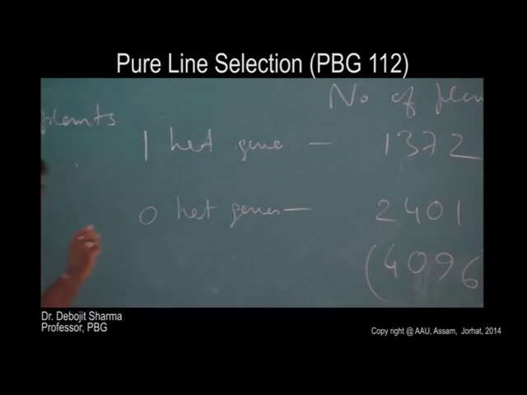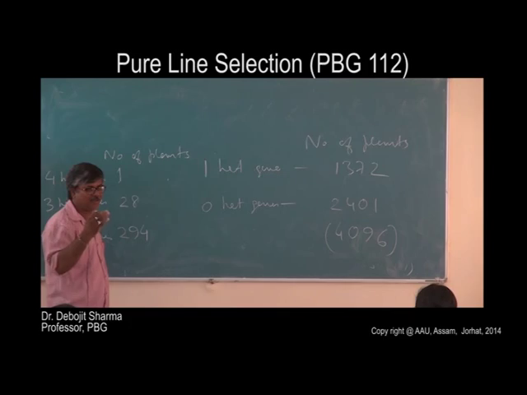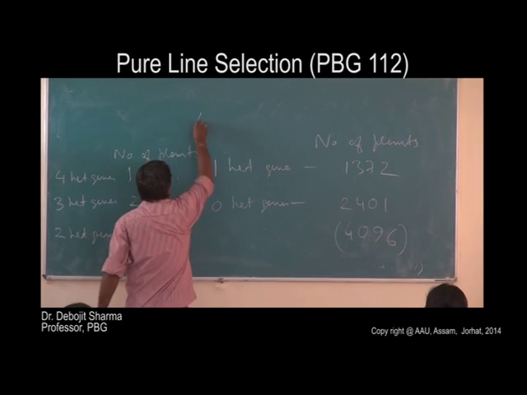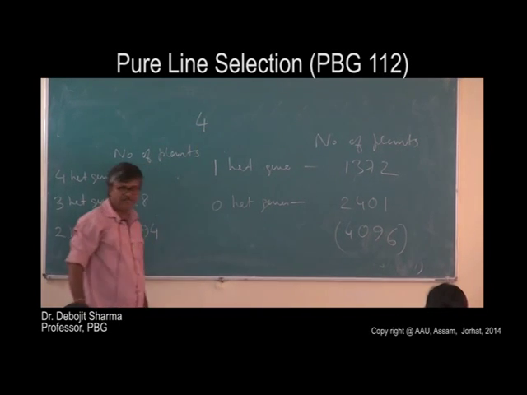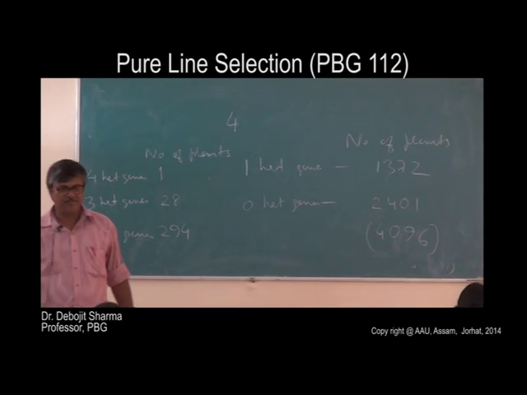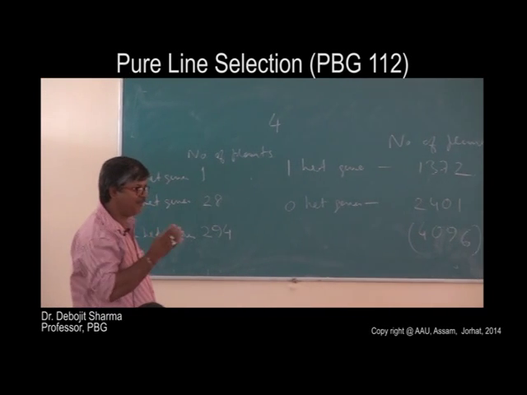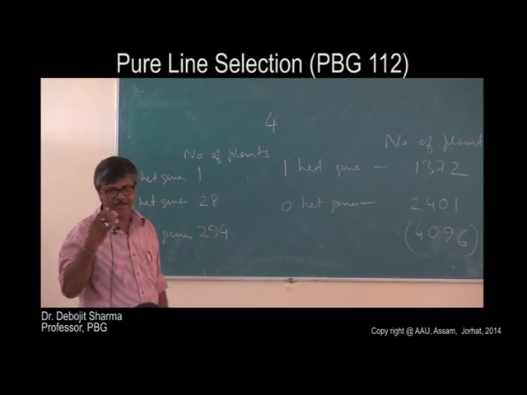If there is only 1 gene and you go for 1 generation of selfing, it was 4, was it not? So this is the minimum perfect population.